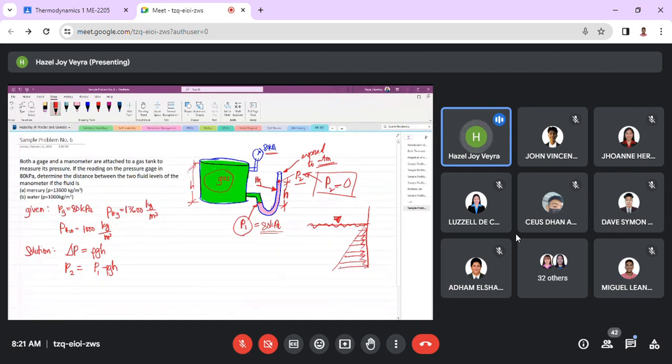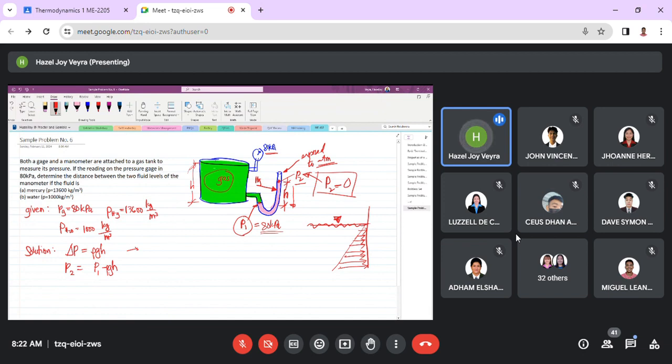So ganun din natin siya tinitreat. When you have a pressure difference and you go down, the pressure increases. So your P1 will be P2 plus rho GH. Di ba ito yung P1 nyo?